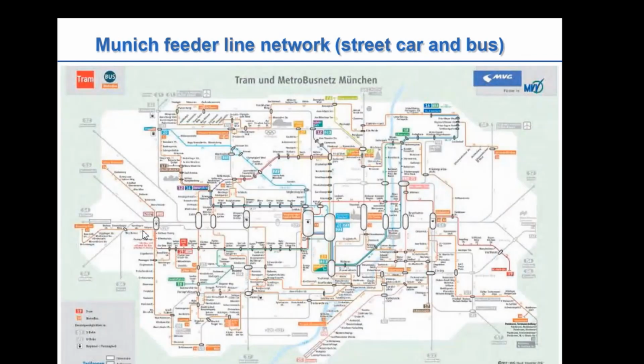Okay, as you can see here, we have different streetcar and bus services and tram services as well.